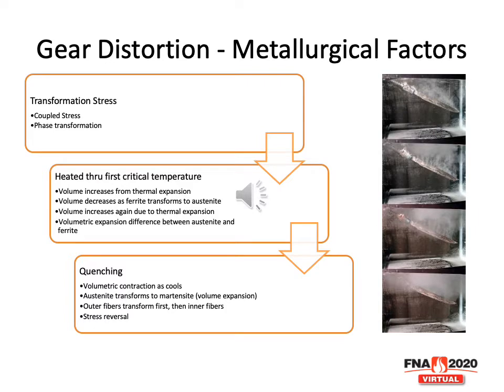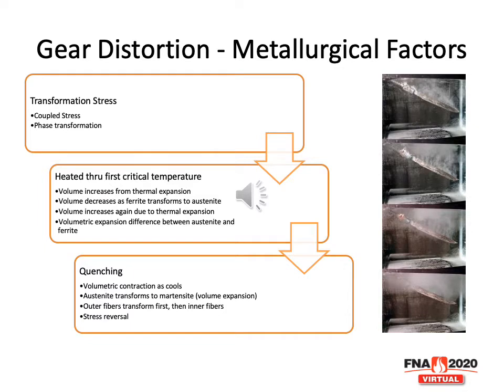I then get a volume decrease as the ferrite transforms to austenite, which is a change in the crystal structure. Then my volume will increase again due to the thermal expansion, with the difference being the volumetric expansion between austenite and ferrite. This is also one reason why you may want to preheat, particularly in tool steels or any very intricate part, to allow those thermal gradients to settle in and not cause any differential strains, because one part is heating up faster than another part.